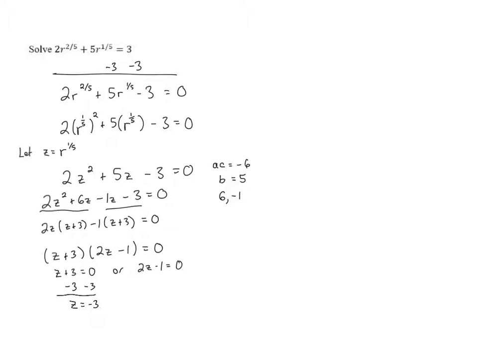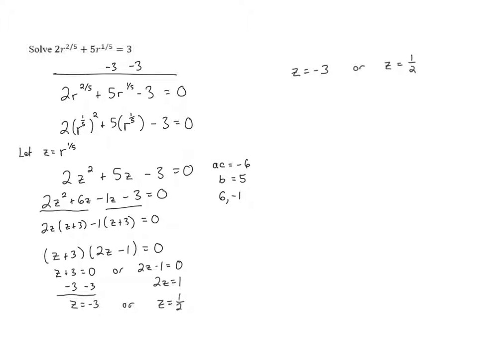And then for the other equation, if we add 1 to both sides, that gives us 2z equals 1. And if we divide by 2, that gives us z equals 1/2. So we have z equals -3, or z equals 1/2. I'm going to rewrite these over here so we have more room to work with them.